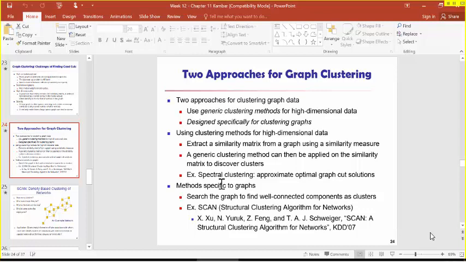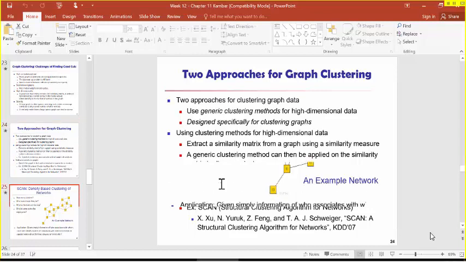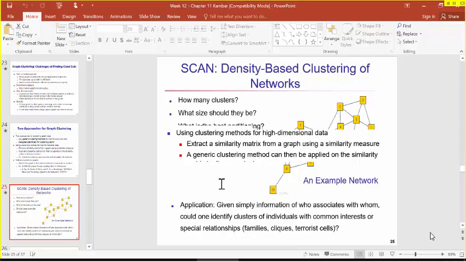So we have two approaches for graph clustering. We can have generic clustering methods, and methods designed specifically for clustering graphs. For clustering high dimensional data, we extract a similarity matrix from a graph and use a generic clustering method that can be applied to the similarity matrix, for example, spectral clustering. There are many methods, for example SCAN, which stands for Structural Clustering Algorithm for Networks.